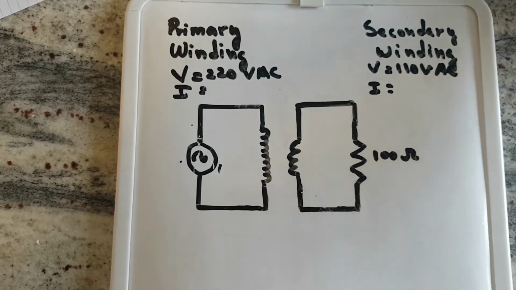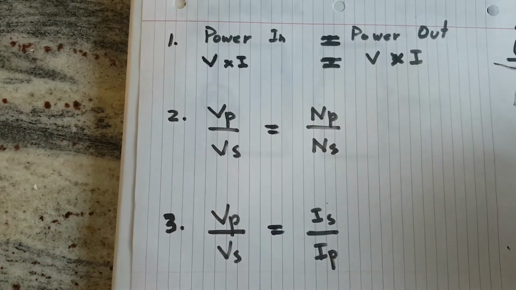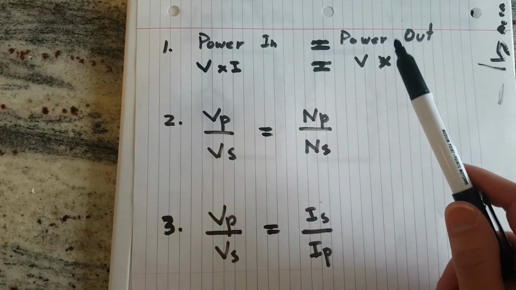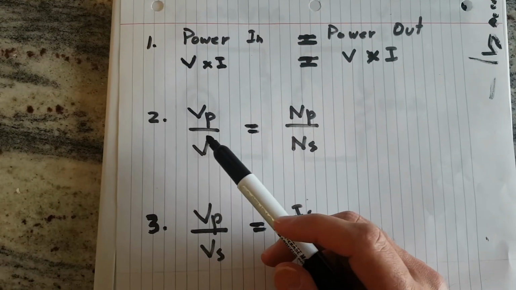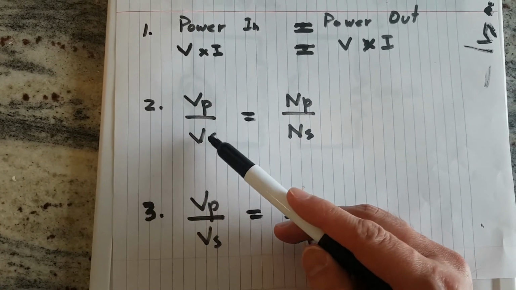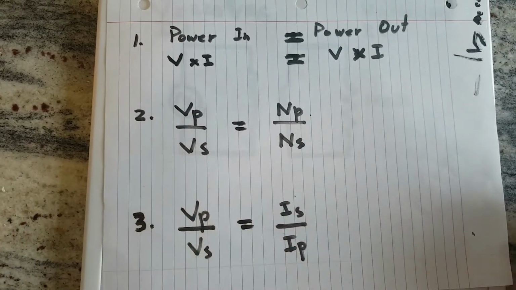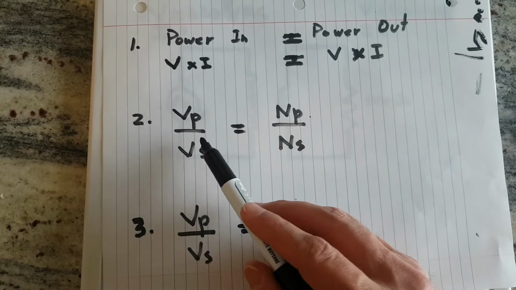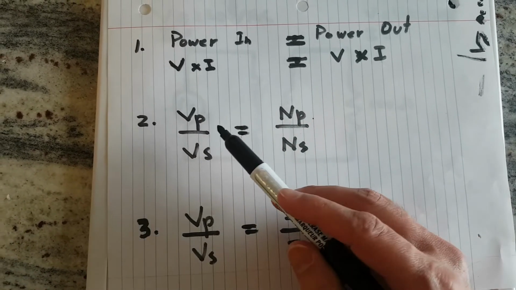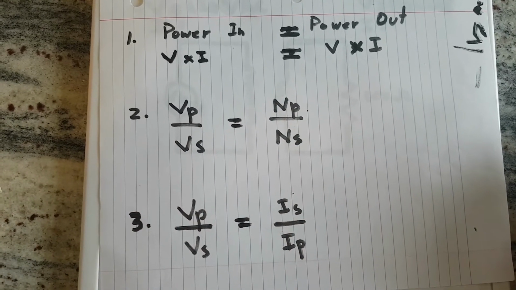In order to do that, I would like to show you some basic formulas for transformer calculation. So in an ideal transformer, all the power that goes in will be equal to the power that goes out. The second formula is that the voltage in the primary side divided by the voltage in the secondary side will be equal to the turn ratio in the primary side divided by the turn ratio in the secondary side. We can tell here that there is a directly proportional relationship between the voltage and the amount of turns of each winding.